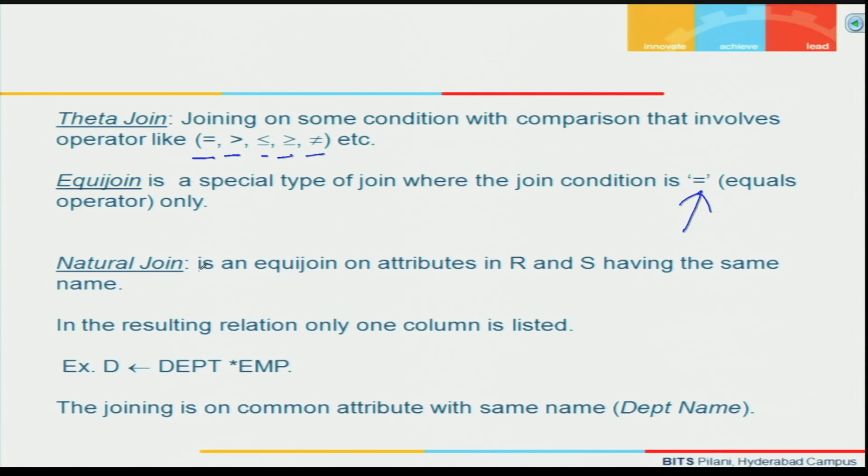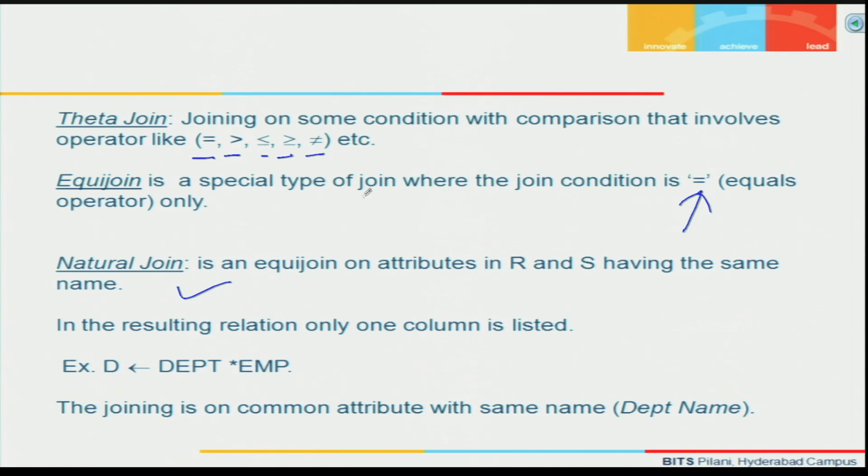And then we have a join called natural join, which is an equi-join on attributes in R and S having the same name. That means, suppose if 2 relations have columns with the same name, then we can apply this natural join.